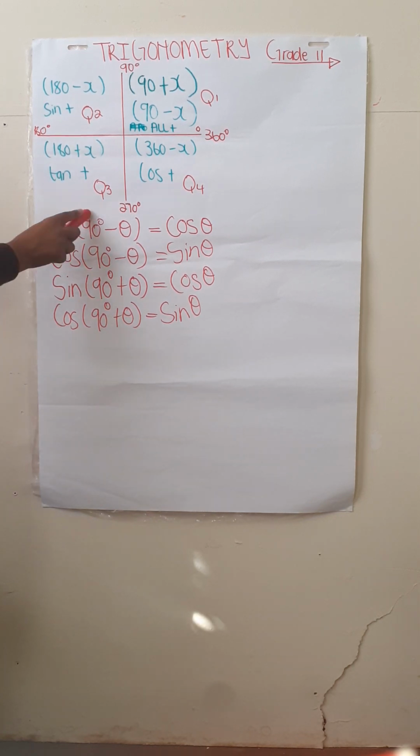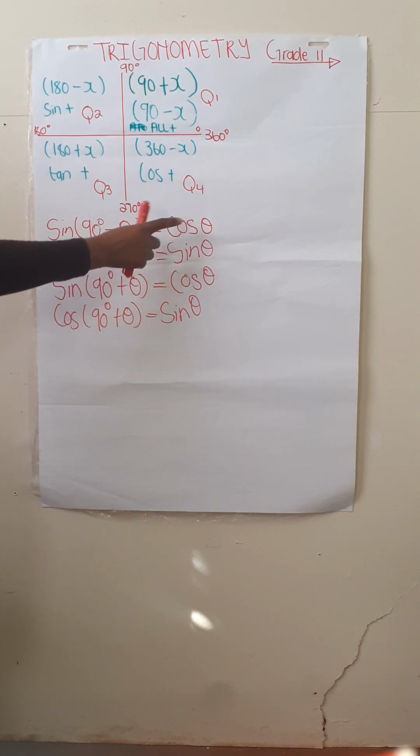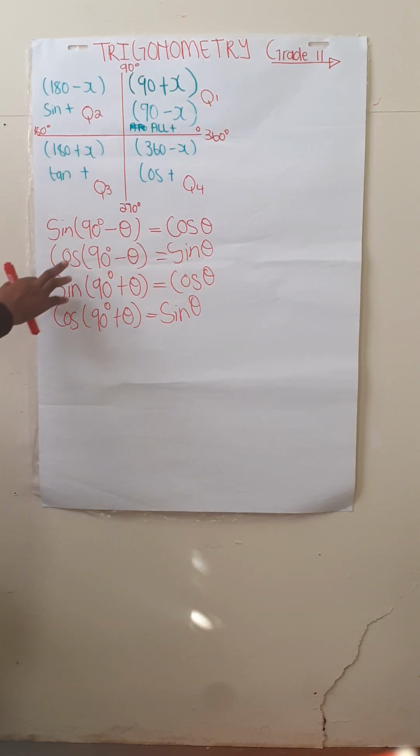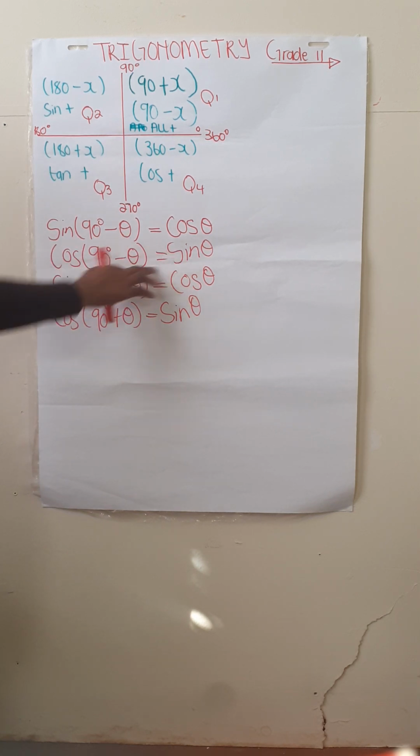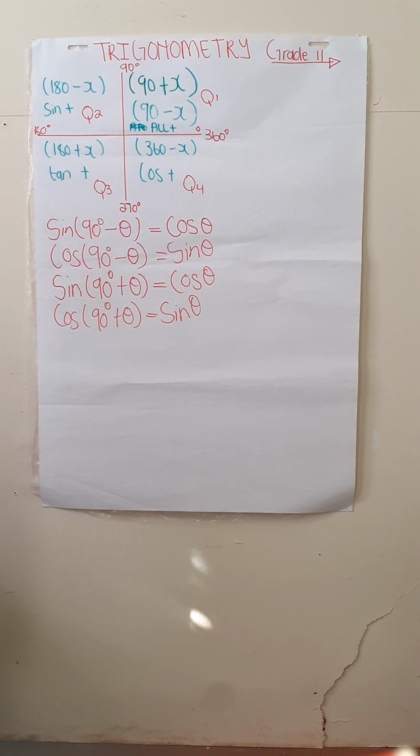Even if it's theta minus 90, it will still be cos theta. Or if you had cos(theta minus 90), this would still be sine theta. So that's what you have to know. That's one of the rules we have in trigonometry regarding that.